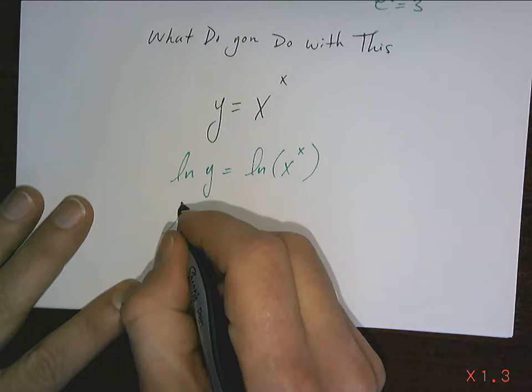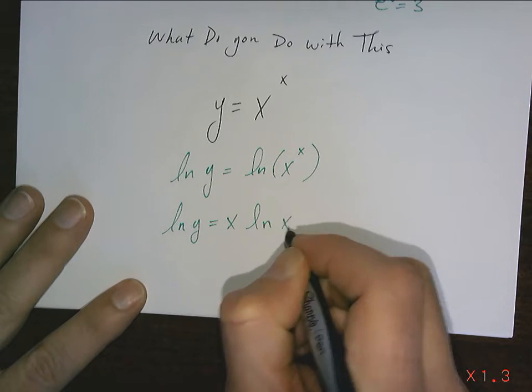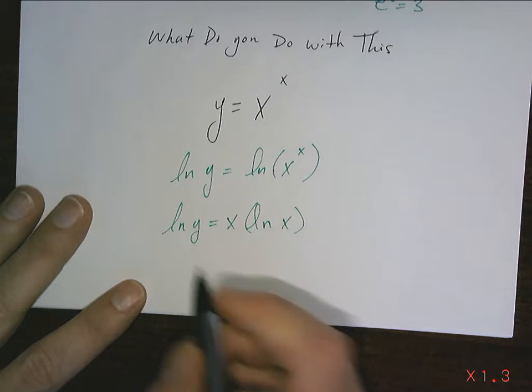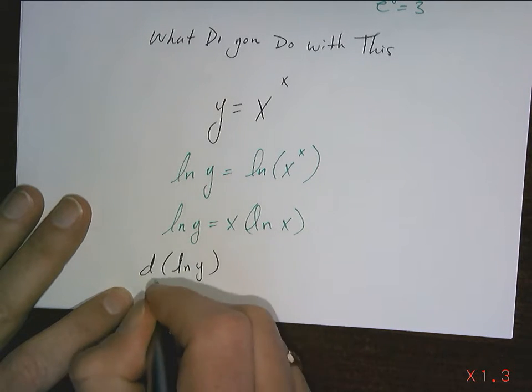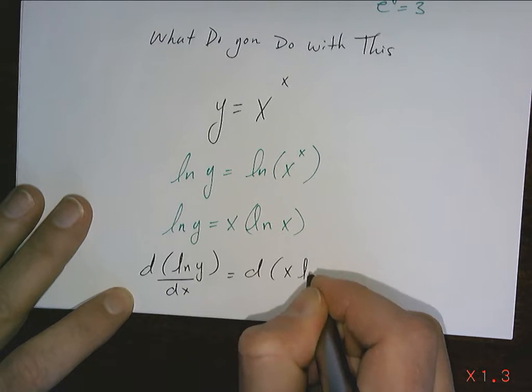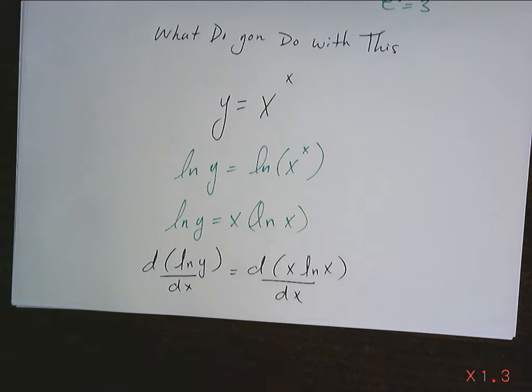And I'm going to change this question to a product question. And then all that's left for me to do is to take the derivative of both sides, because the derivative too is an operation that will not disrupt the equality.